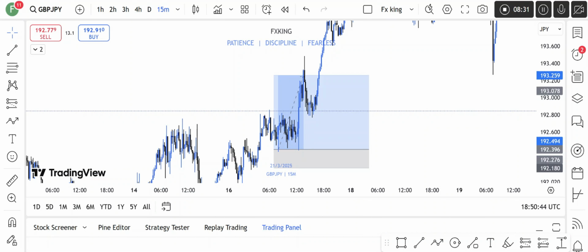When he uses 1 day for his bigger time frame, he will use 1 hour for entry. When he uses 4 hours, he will use 15 minutes for entry. When he uses 1 hour, he uses 5 minutes. And if he uses 30 minutes and 15 minutes, you will use around 3 to 1 minute for entries.